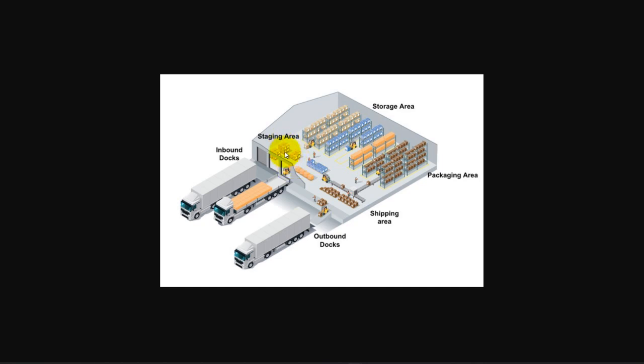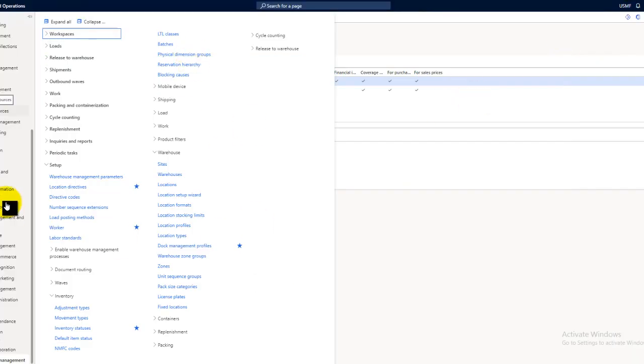So while configuring the zones, I will be configuring the zone for receiving here, then the zone for outbound, the dry goods, and then the zone for outbound, the frozen items.